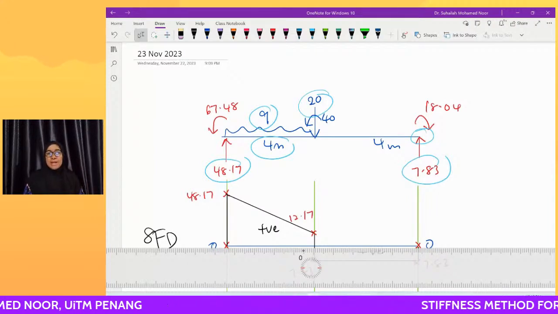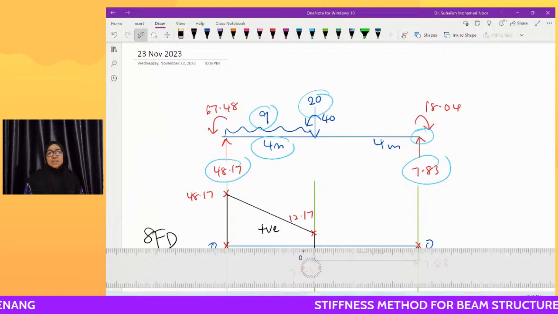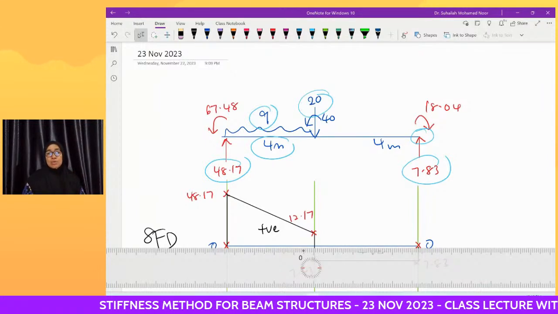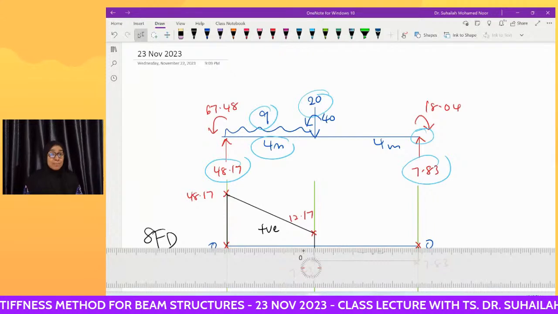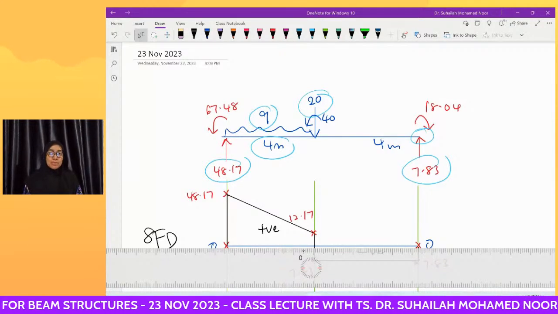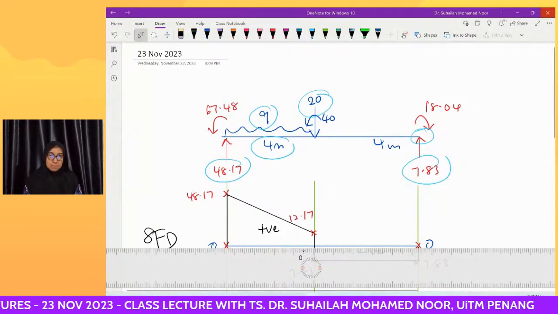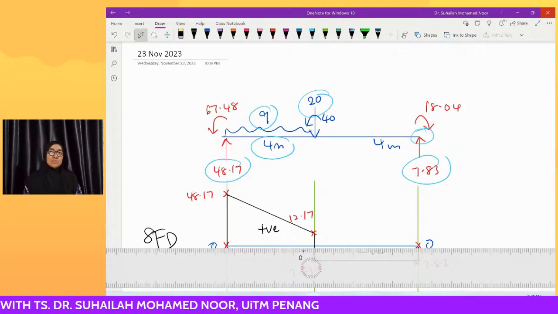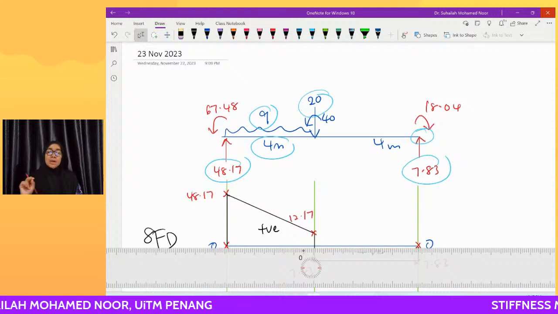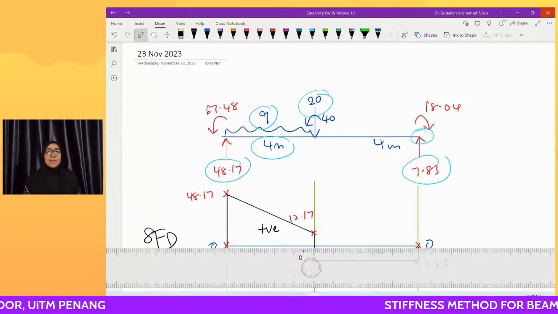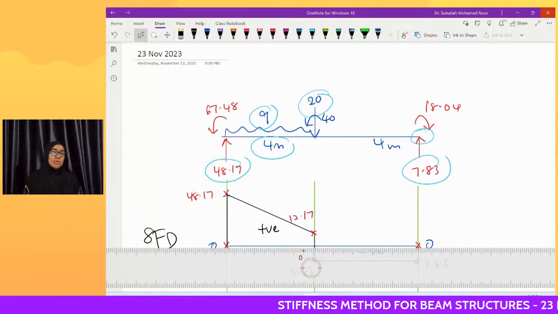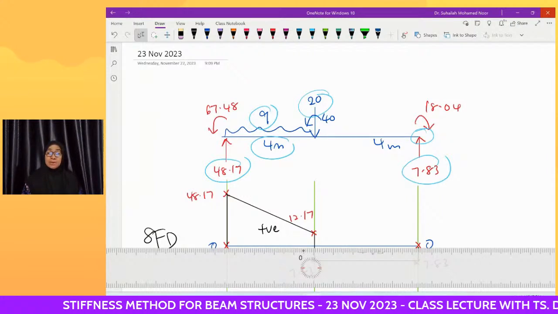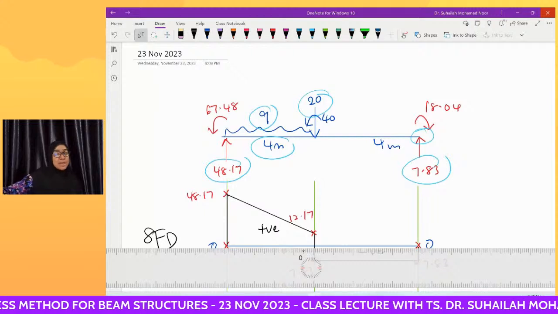However, for analysis it doesn't matter; we can draw positive above the line and negative below. But for RC design, you have to draw negative upward, because the crack pattern is identified from the bending moment diagram.